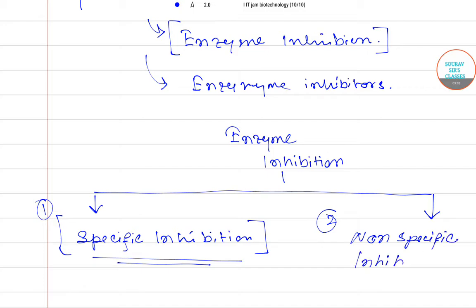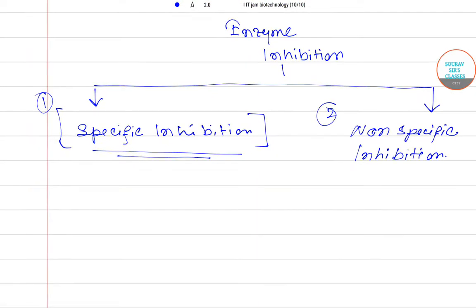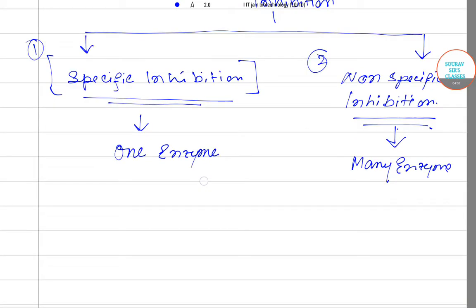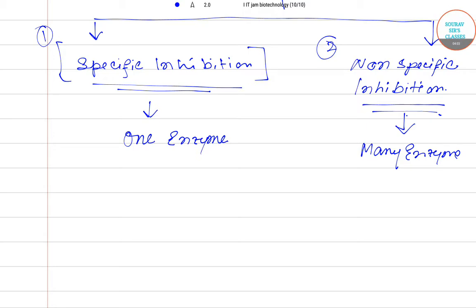These are substances which are non-specific in inhibiting enzymes, so they can inhibit many enzymes, whereas in specific inhibition they inhibit only one enzyme. This is the main difference between specific inhibition and non-specific inhibition.